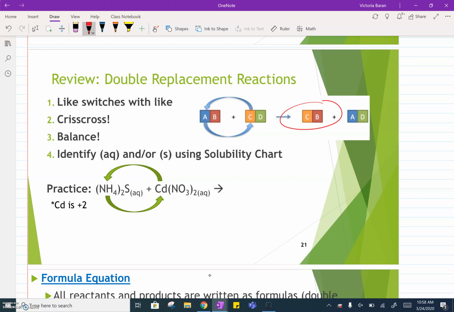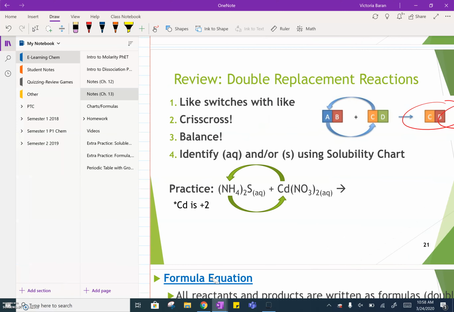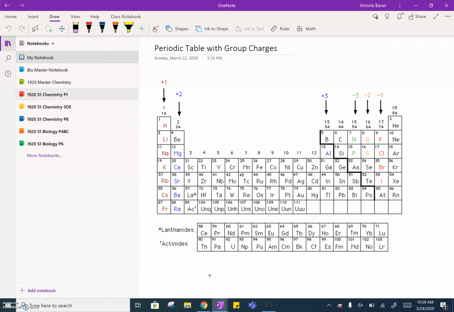Once you get your new compounds, you will have to make sure you do the crisscross, okay? And this is where those charges come in handy. So if you go back to your periodic table, make sure that you copy this over from the content library, okay?